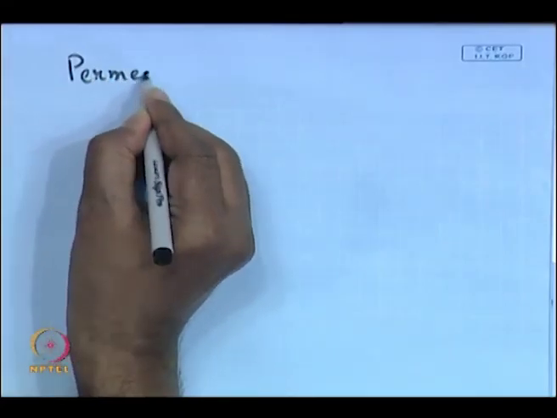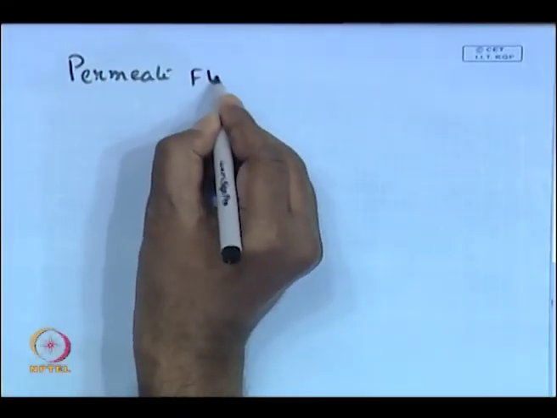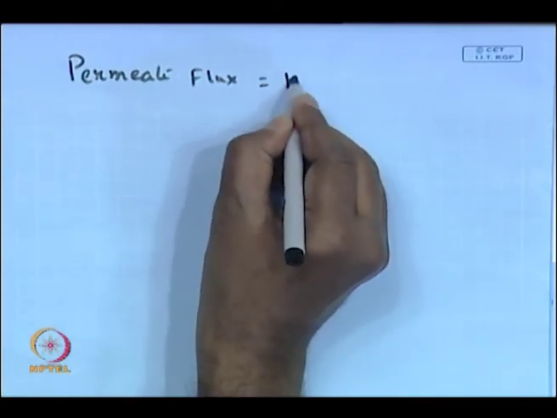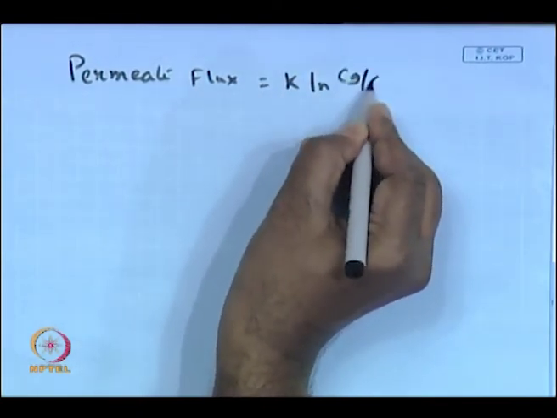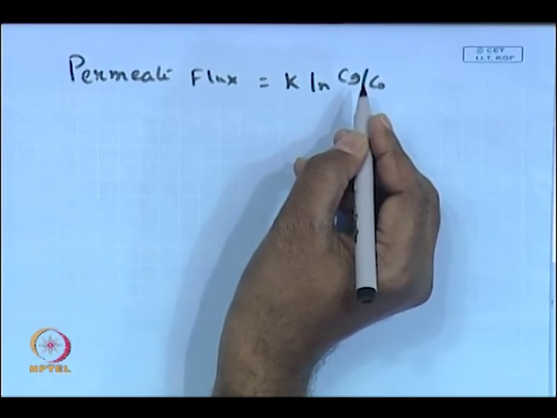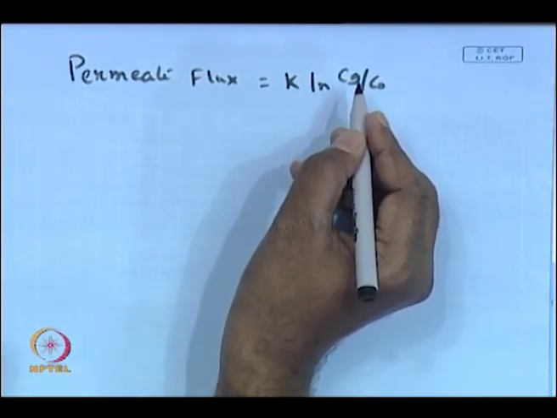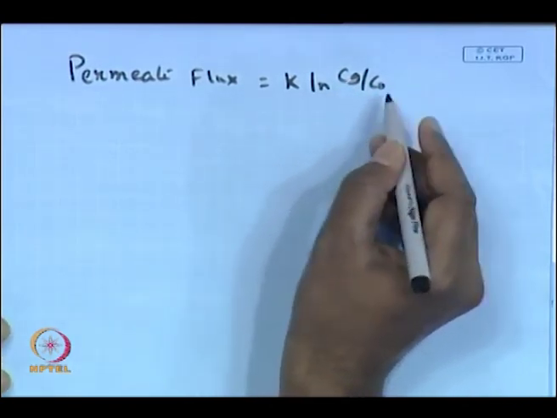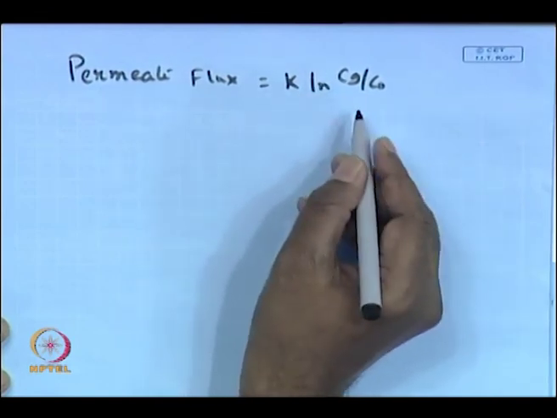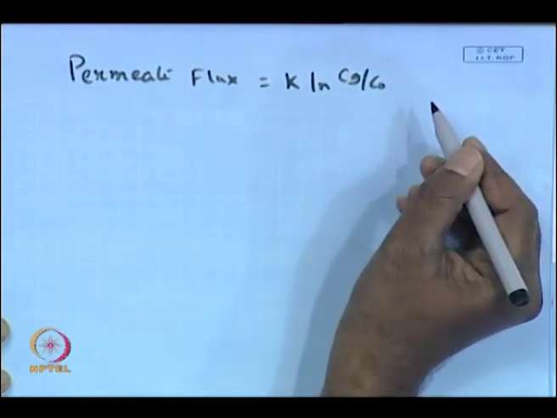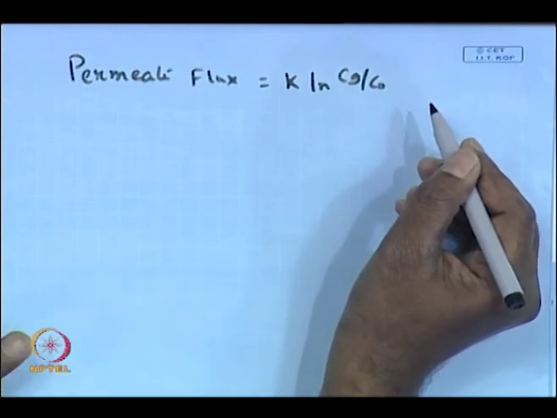So, therefore, the permeate flux is K ln Cg by C naught, and in this particular case there is no external electric field. So, there is no electrophoretic velocity. Okay, the first part, if you remember, there is no external electric field.